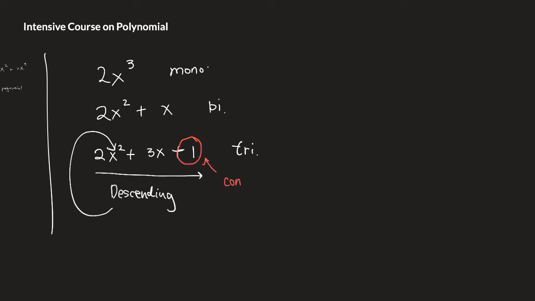And sometimes if you do not see a positive sign there, instead you see a negative sign, that means if you have 2x plus 3x minus 1, in this case, negative 1 will be the constant term, okay? And this is what you should know.